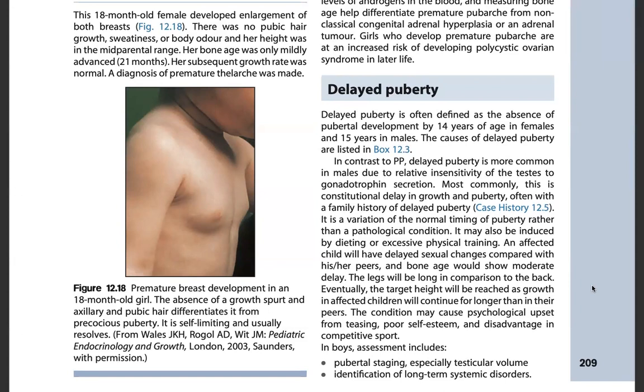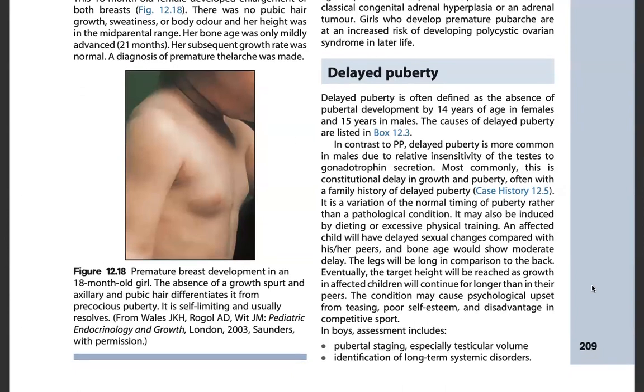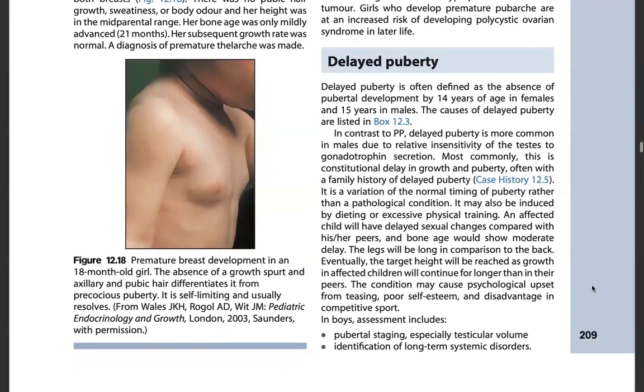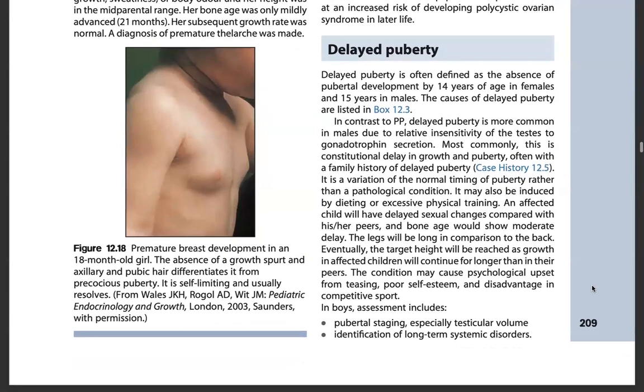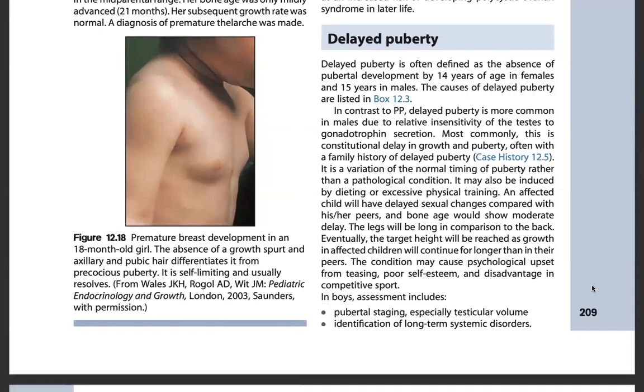It may be induced by dieting or excessive physical training. An affected child will have delayed sexual changes compared with his or her peers, and bone age would show moderate delay. The legs will be long in comparison to the back, and eventually the target height will be reached as growth in affected children will continue for longer than in their peers.